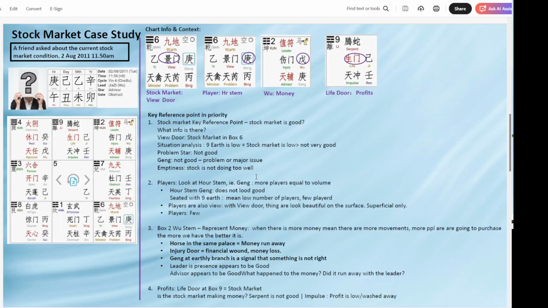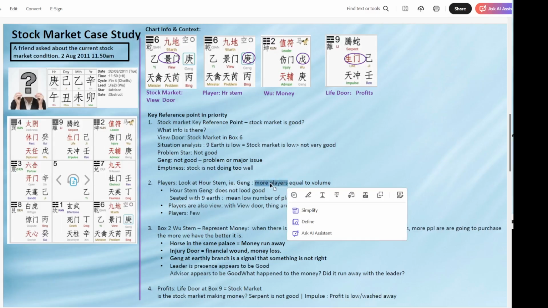The players are represented by the hour stamps. Our stamp here is Geng, and Geng represents the players. If we have more players in the market, that means there will be more volume in the stock market.